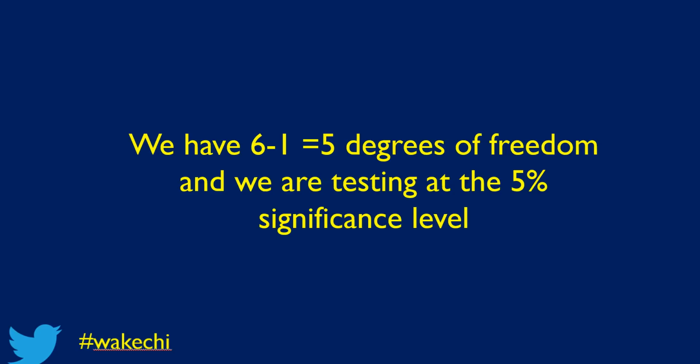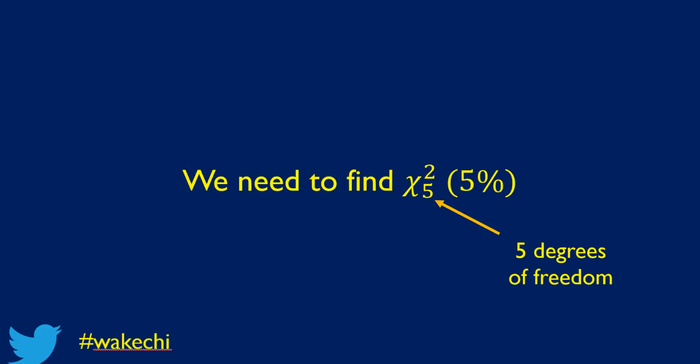We have 5 degrees of freedom, because when we're dealing with discrete uniform, we lose 1 degree of freedom because of the constraint of making sure your last value makes everything add up with the rest. And we're testing at the 5% significance level. Therefore, you need to find chi-squared with 5 degrees of freedom at the 5% significance level.